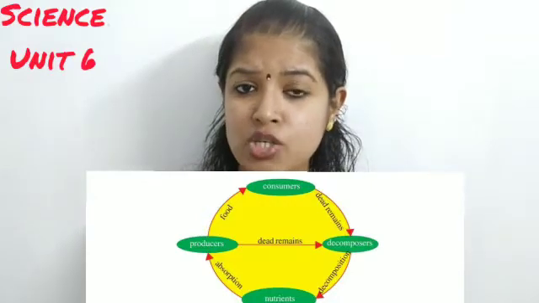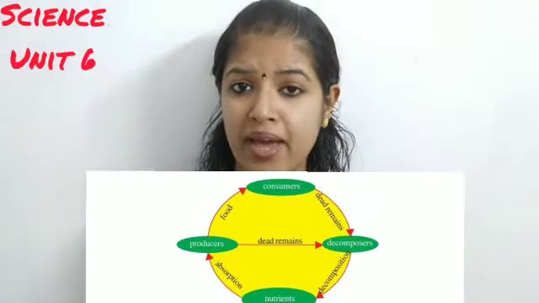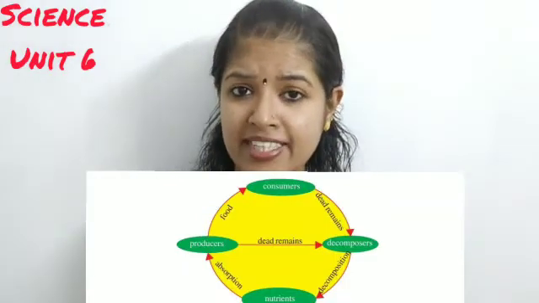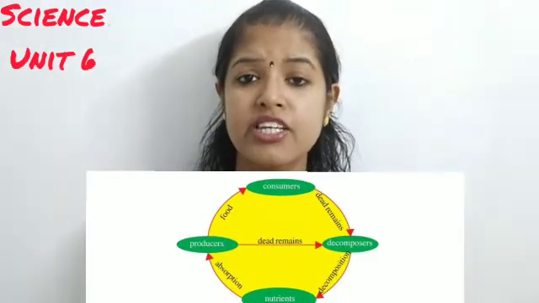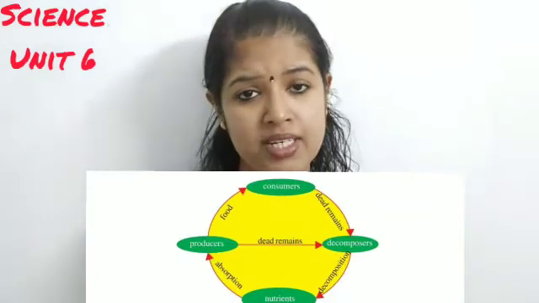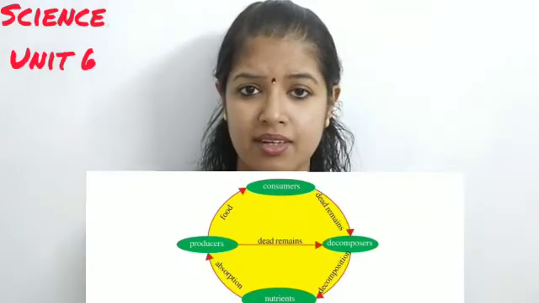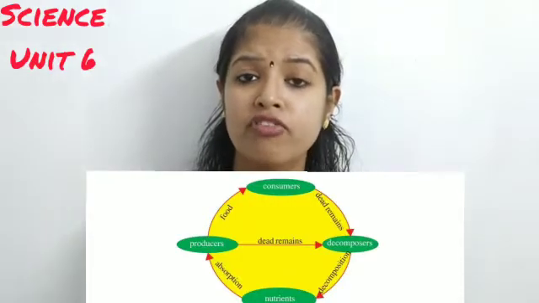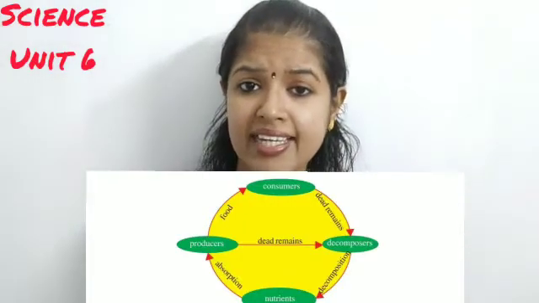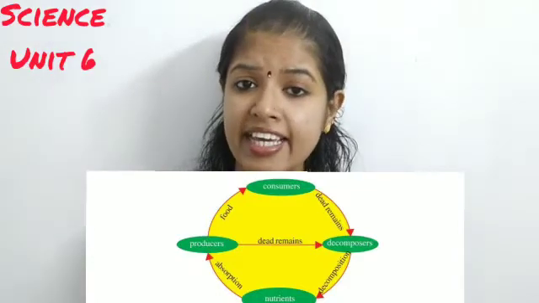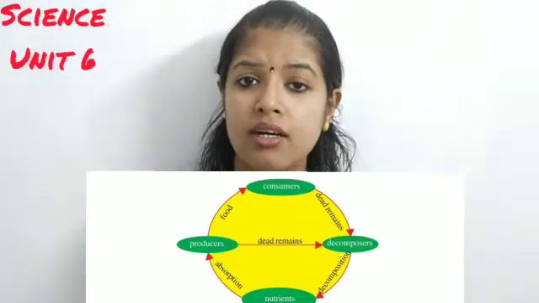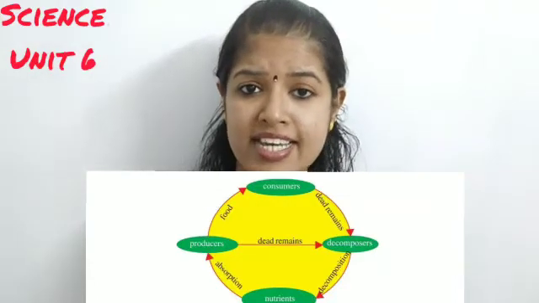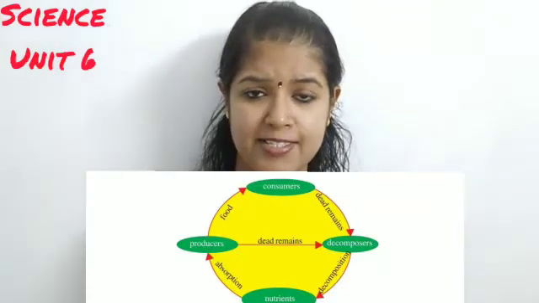The plants use these nutrients to prepare food. The food prepared by these producers is used by the consumers. And the dead remains of these producers and consumers are again decomposed by the decomposers. So this is what this illustration means.